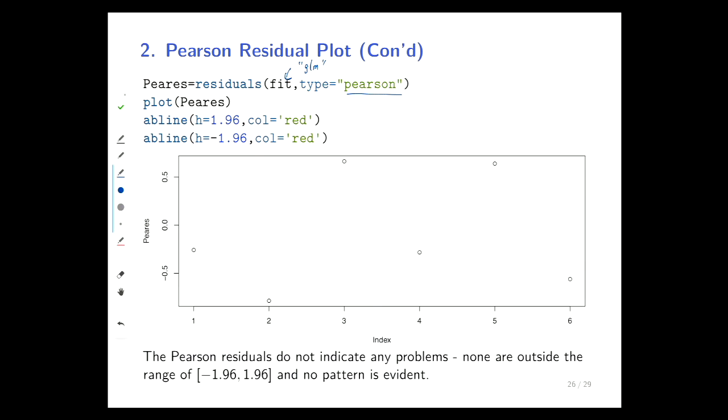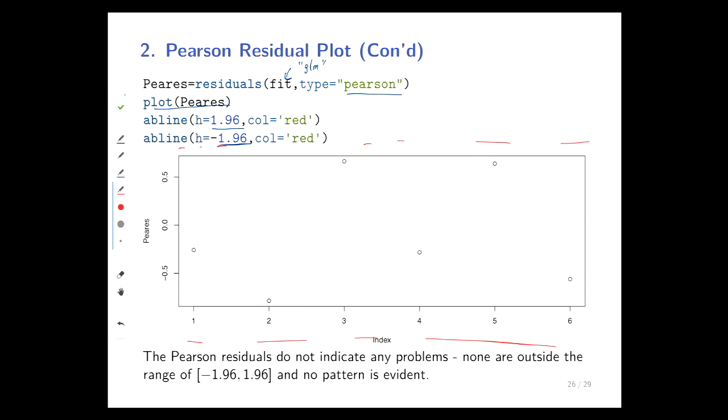If you use this plot, you will obtain the Pearson residuals. You can also use the abline function to plot the cutoffs, which are 1.96 and minus 1.96. Basically, those cutoffs are out of the range of this plot, so the plot will not show them.